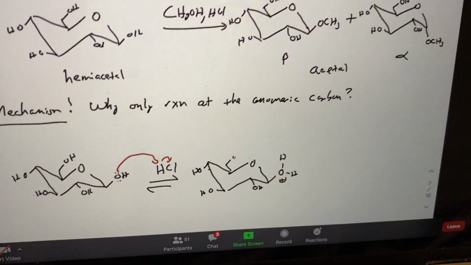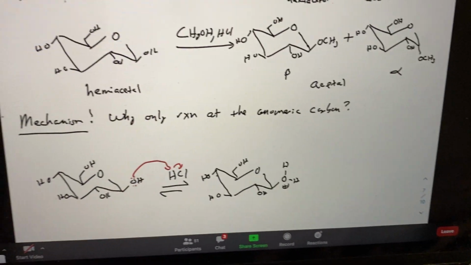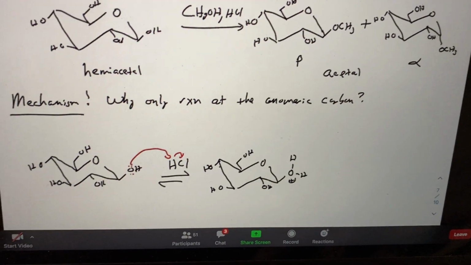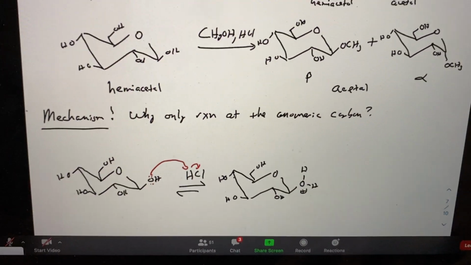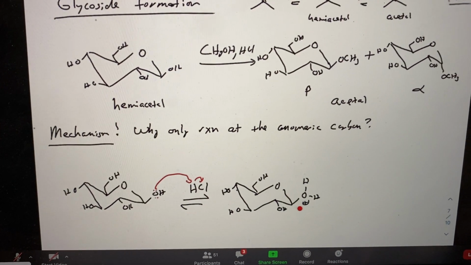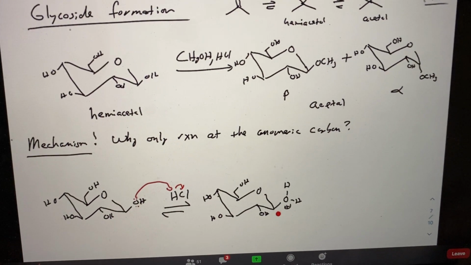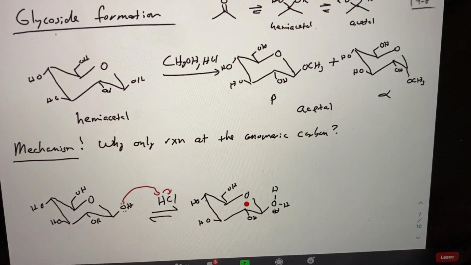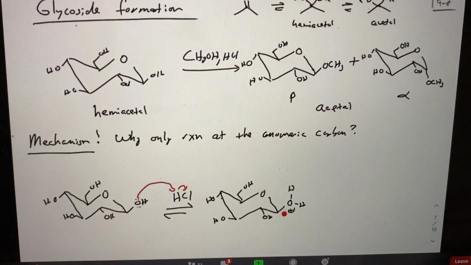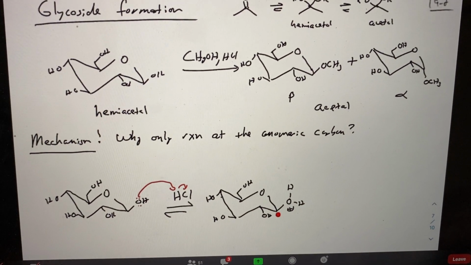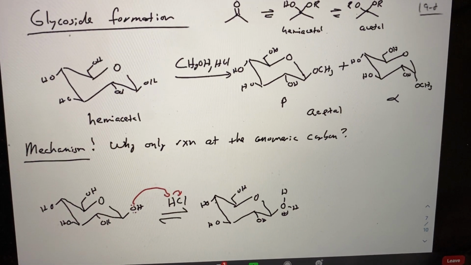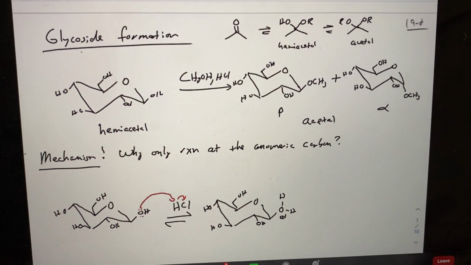This is all the same, so we're just redrawing everything here as the same. Now, what can happen at this position here, at the anomeric position, that cannot happen at any other position, is this oxygen can actually help kick out this group and also stabilize what you end up forming. So this is the key difference, and this is why the reaction can happen here.